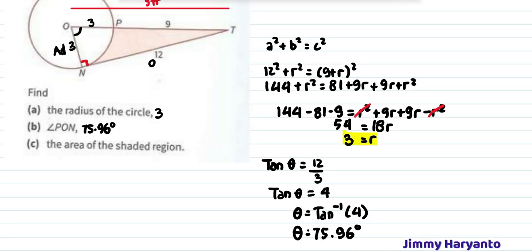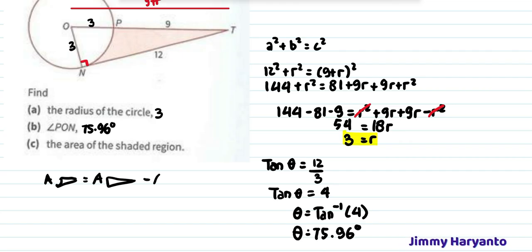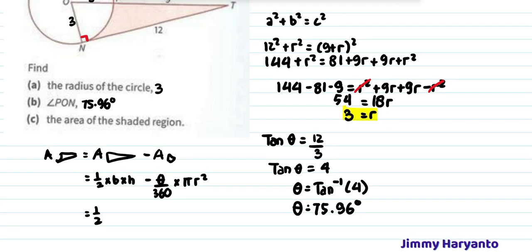Okay, and then to find the area of the shaded region, we'll use the area of triangle. The area of the shaded region equals the area of triangle minus the area of sector. Yeah, area of sector. Okay, so the area of triangle is half times base times height minus this one is theta over 360 times pi r square, equals half times the base.